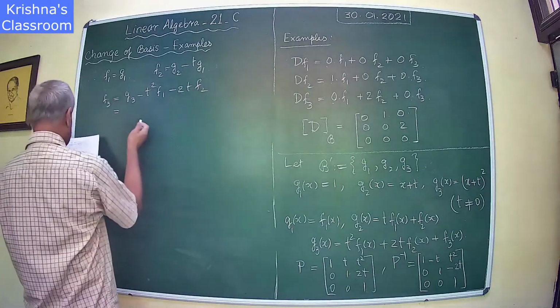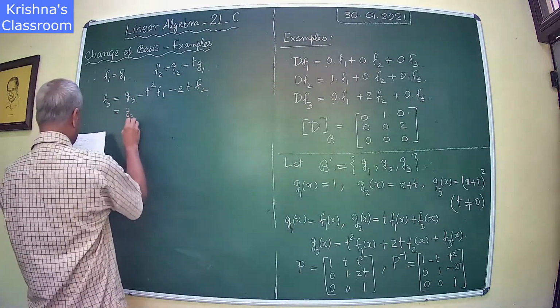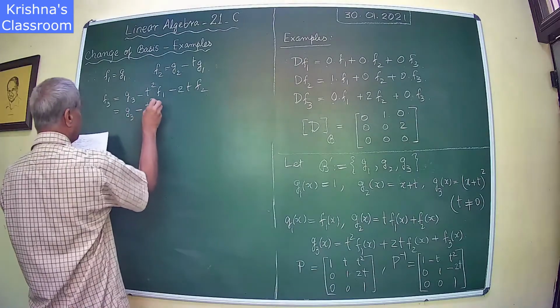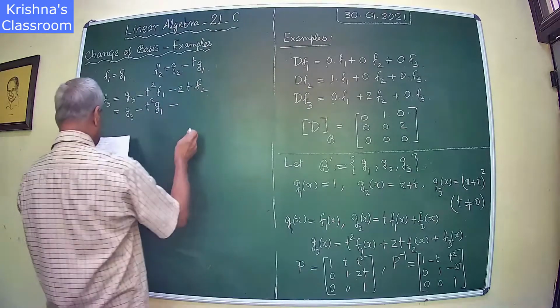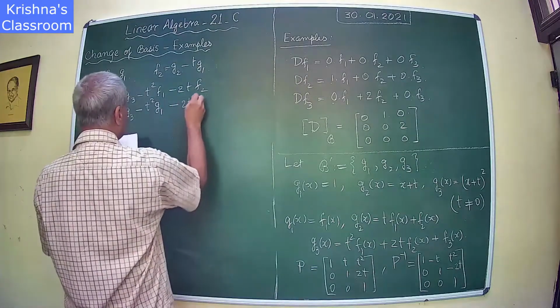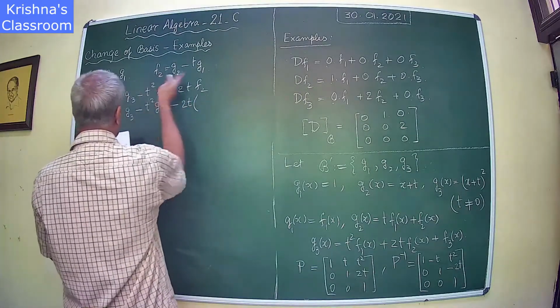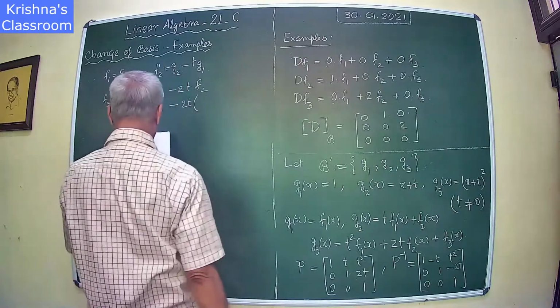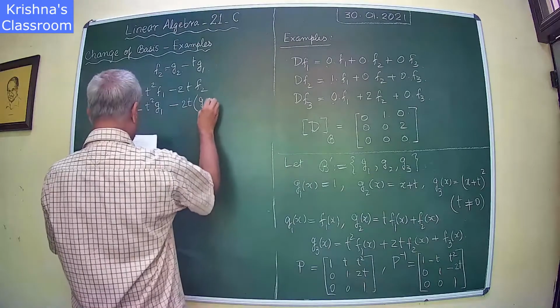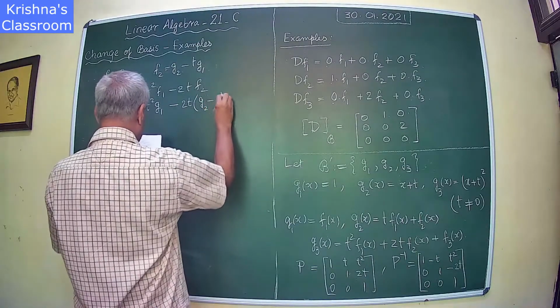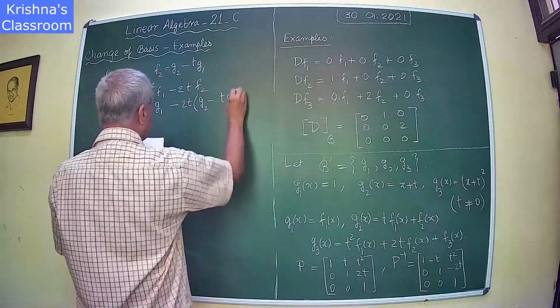If you replace that, you get G3 minus t square G1 minus 2t times f2, and there is a relationship connecting G2 and f2, so this is G2 minus t G1.